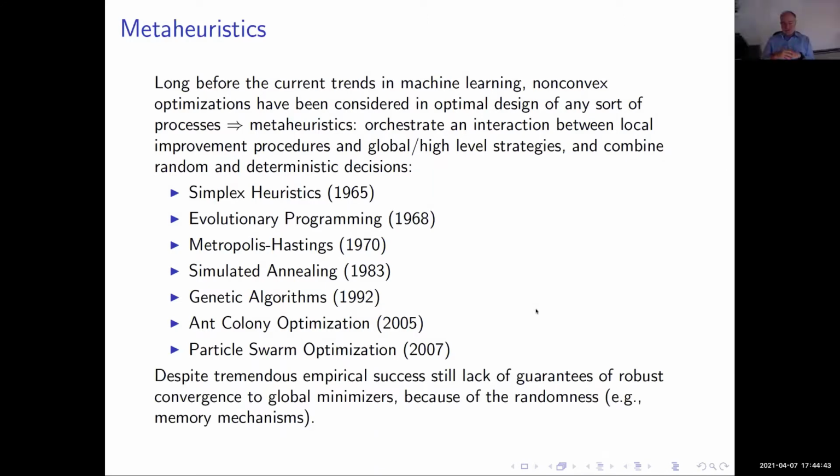Despite the tremendous empirical success of these methods, which really perform very hard optimization with statistical evidence of success, it's really hard to prove it mathematically. One of the reasons is the randomness that is involved, often somehow related to memory mechanisms. And so what happens is that you generate along the iterations complicated dependencies that are very difficult to disentangle and to analyze.